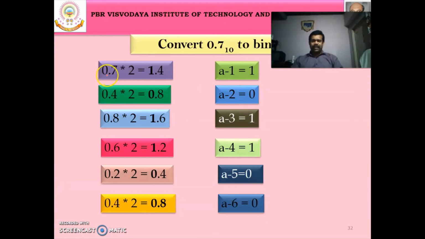First we get 0.7 into 2 is 1.4. Then 0.4 into 2 is 0.8. Then 0.8 into 2 is 1.6. Then 0.6 into 2 is 1.2. Then after that 0.2 into 2 is 0.4. So up to this, 10110.